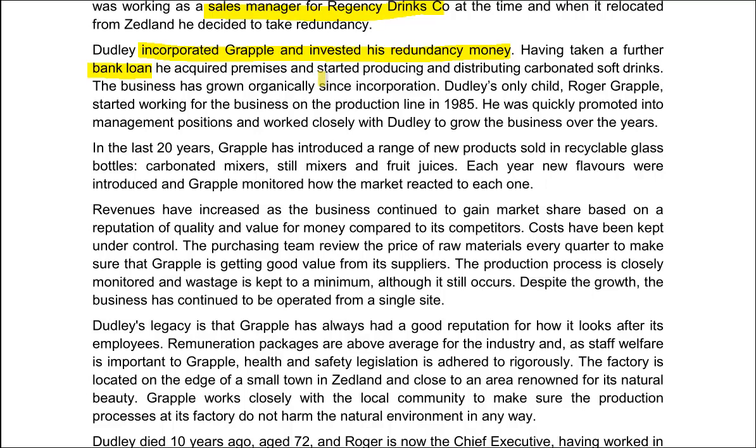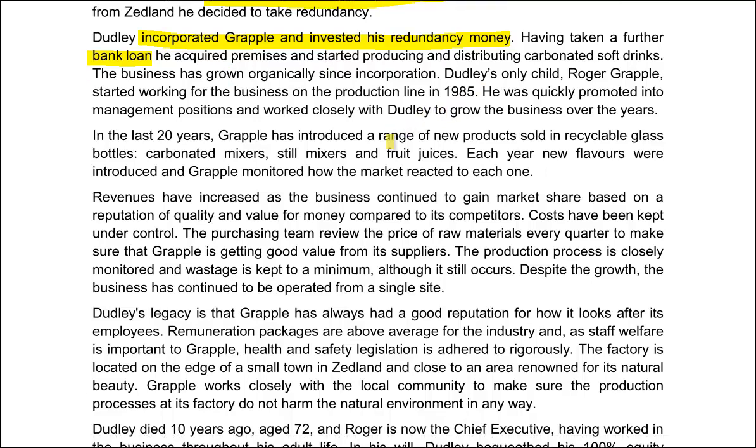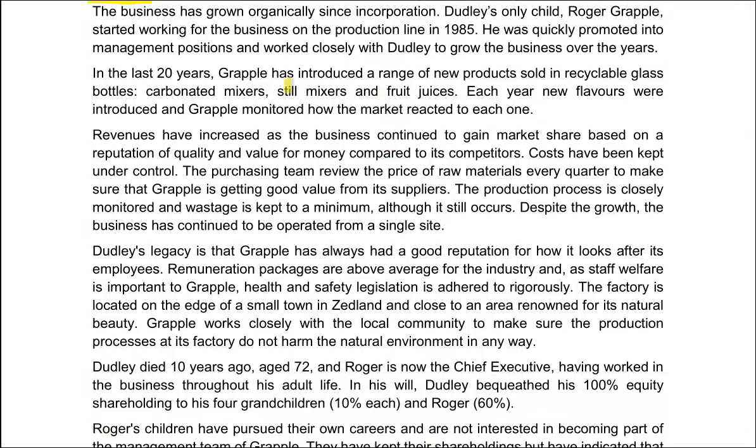But importantly, as we scan through here, there's a lot of waffle, of course, because it is an introductory page. Grapple have introduced a number of new products sold in recyclable glass bottles, and there's a variety of different types, mixes, carbonated mixes and juices. So let's break this down. Recyclable glass bottles.